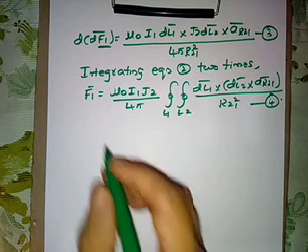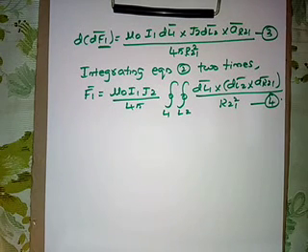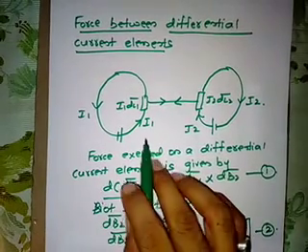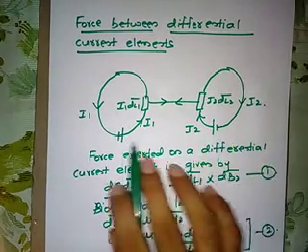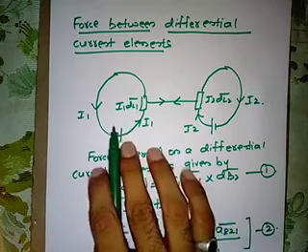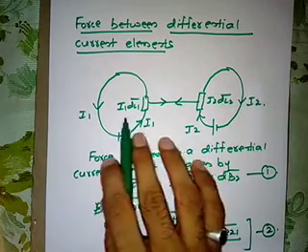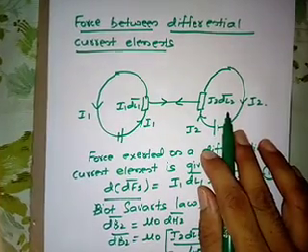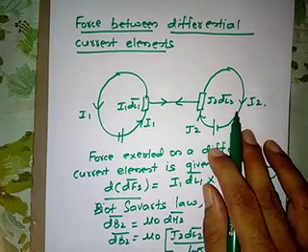As we have derived the equation for F1 bar, similarly we can find the force exerted by the first current element on the second current element. That is, the magnetic field B1 produced by current element I1 dl1 bar exerts a force on I2 dl2 bar, the second current element.